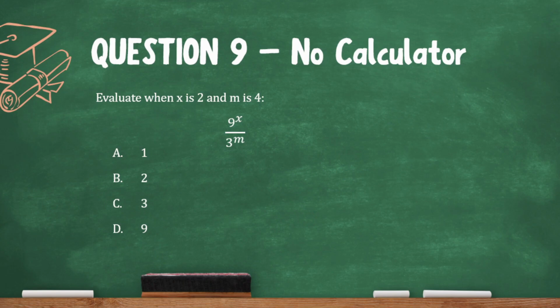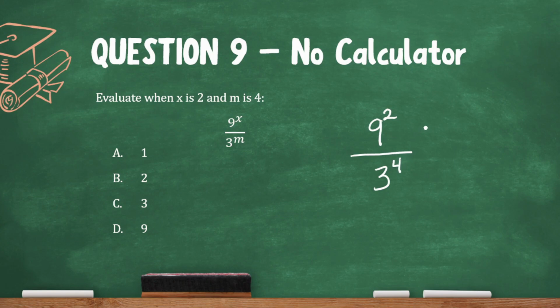Evaluate when x is 2 and m is 4. Okay, let's go ahead and substitute in these values. So 9 to the x, x is 2, so that would be 9 squared, over 3 to the m, m is 4, so that would be 3 to the 4th.